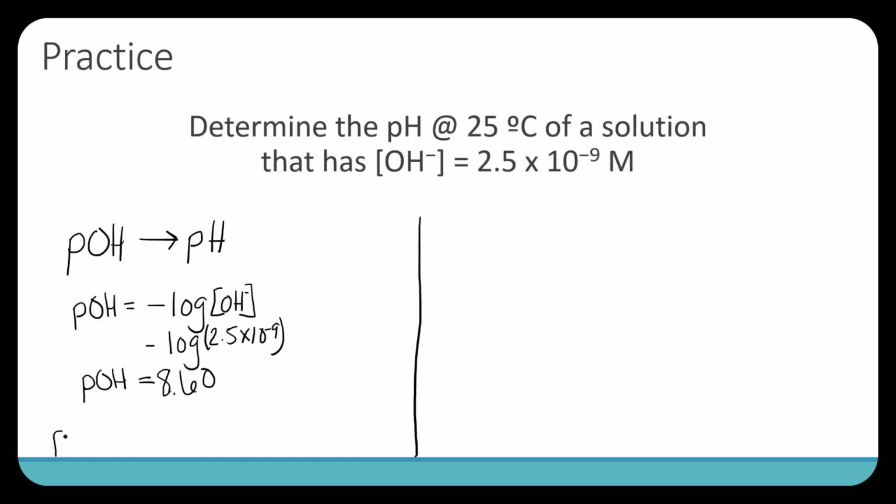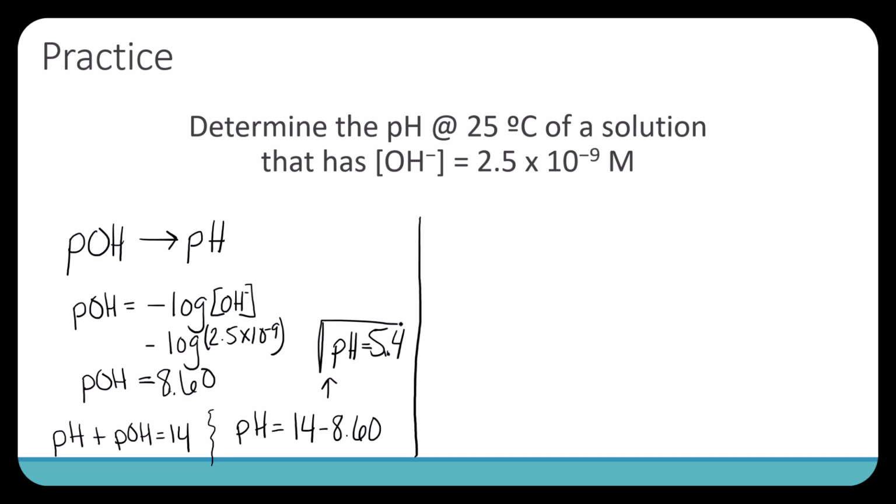Then we use the relationship that pH plus pOH equals 14. So pH equals 14 minus 8.60, and we get that pH equals 5.4.